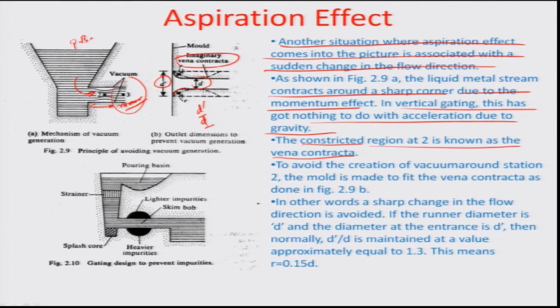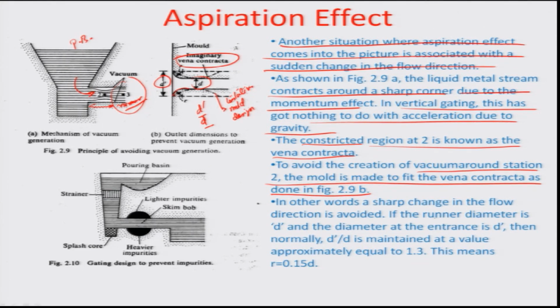To avoid the creation of vacuum around station 2, the mold is made to fit the vena contracta itself. So the mold is designed like a vena contracta. You can look at the dotted line here, which shows how the mold design should be, a tentative mold design, so that this rapid contraction does not take place.